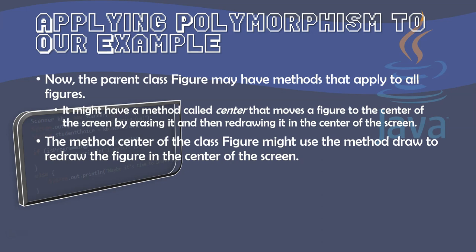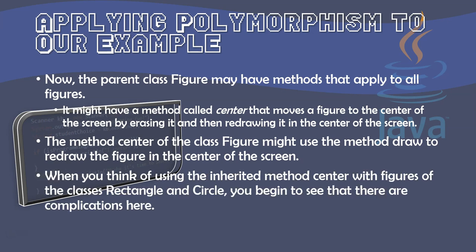We may end up calling upon it because we want to make sure that when we draw this, it's a centered object, because it's going to be easier to calculate how to do the other dimensions. When you think of using an inherited method center, for example, with figures of the classes rectangle and circle, you begin to see that there are some small complications.